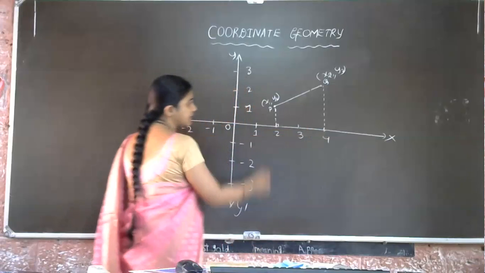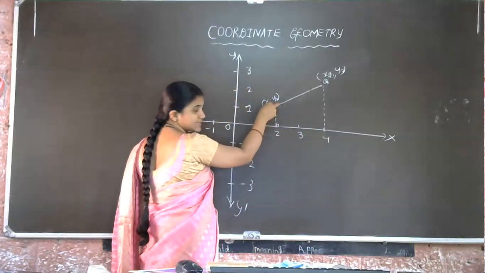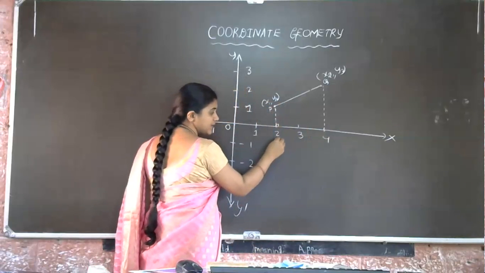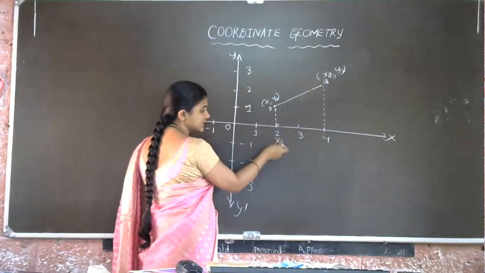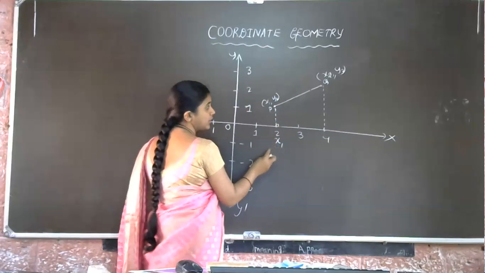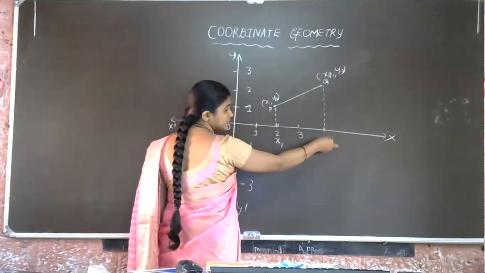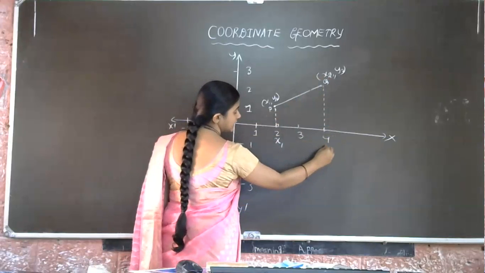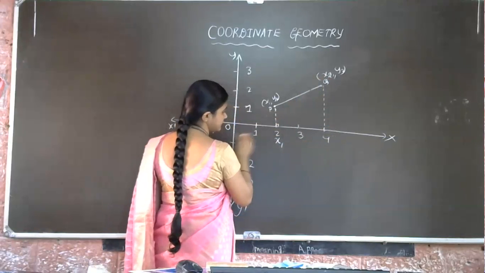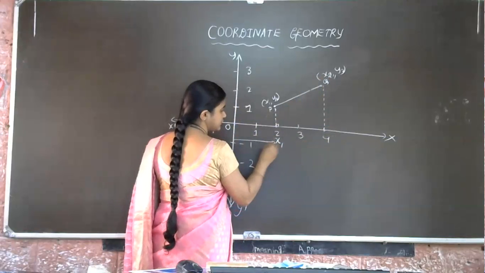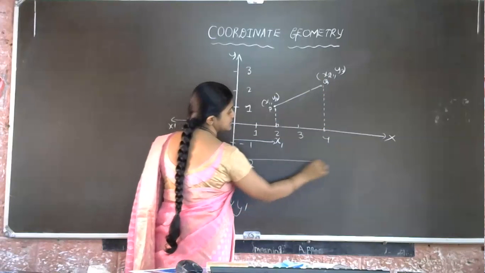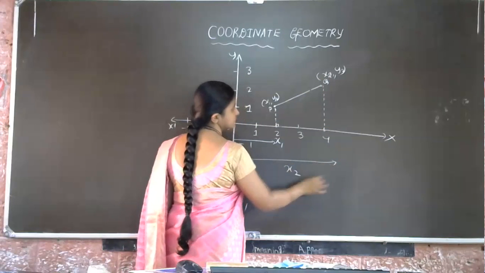So now what we are observing is that this is the x1 location. Can we name this one as x1? This is the distance x1. Next, here we are observing x2. This distance is x1 and the total distance is x2. Got the idea?